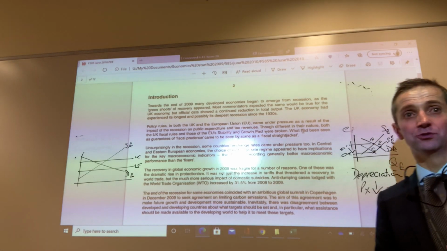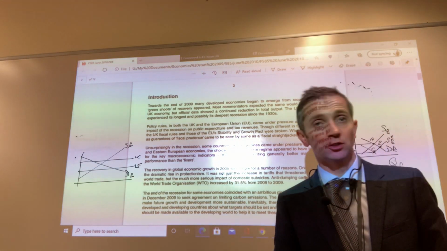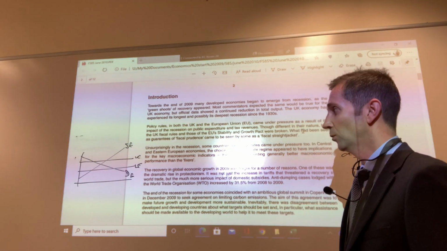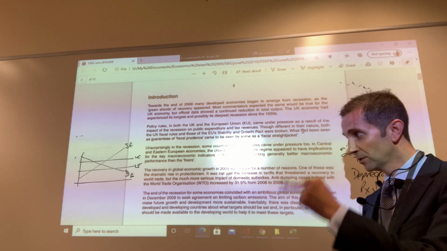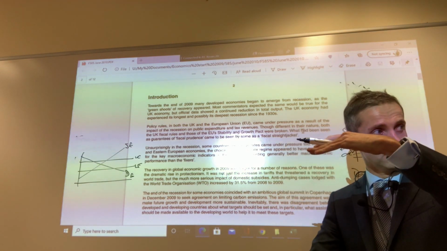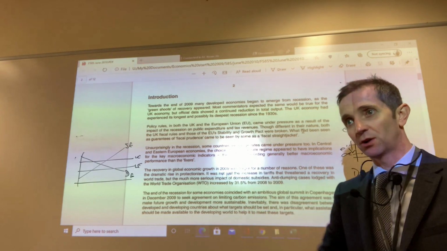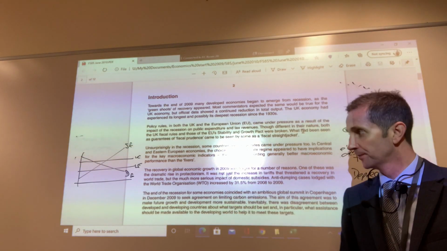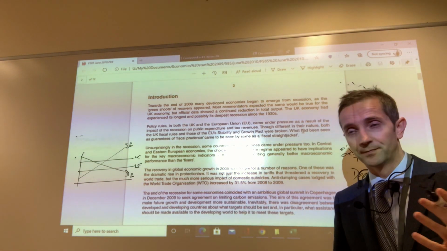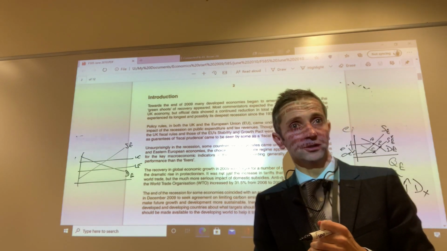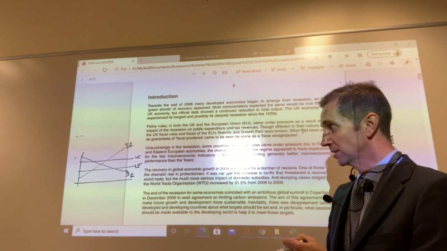And your job, as the governor of the central bank, would be to try and keep the currency within that set limit. So you don't want to shoot out the top and you don't want to fall through the floor either. But it does happen, which is exactly what happened to the UK on Black Wednesday and the exchange rate mechanism.